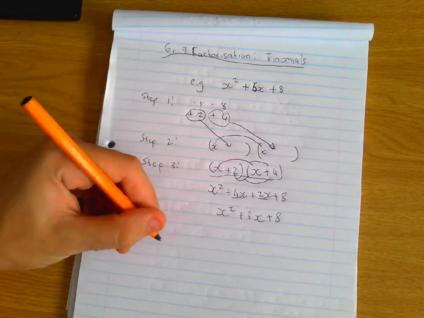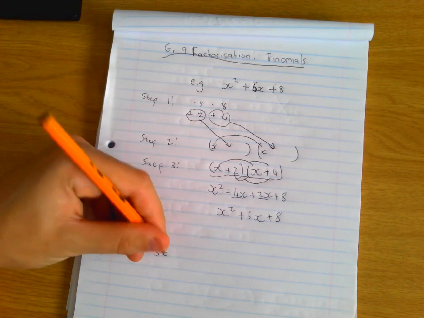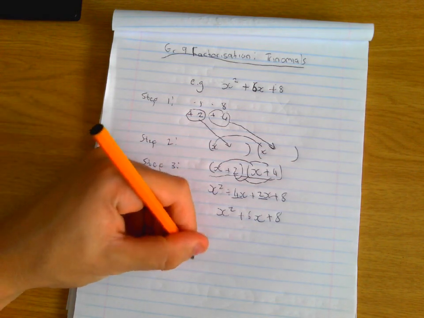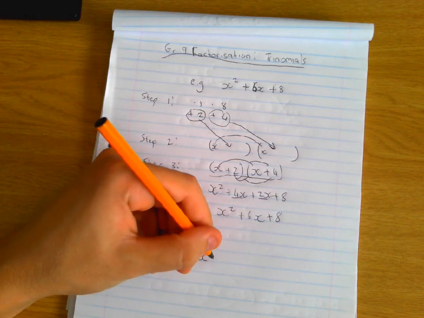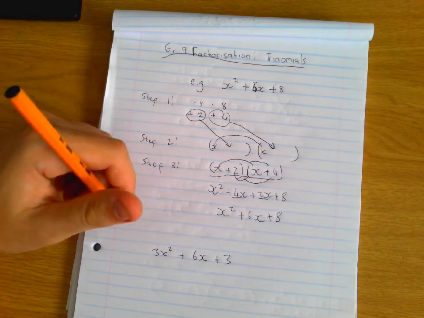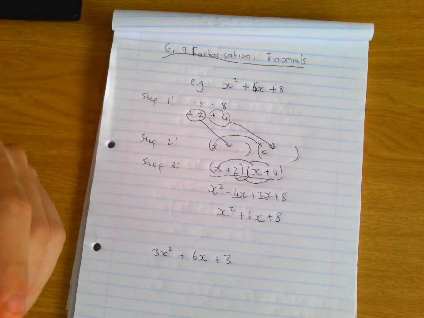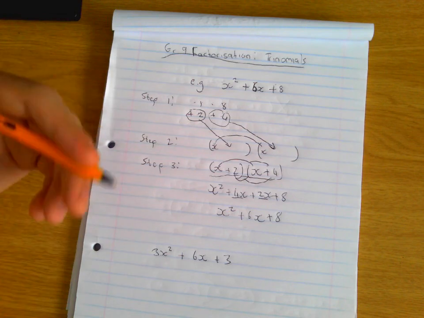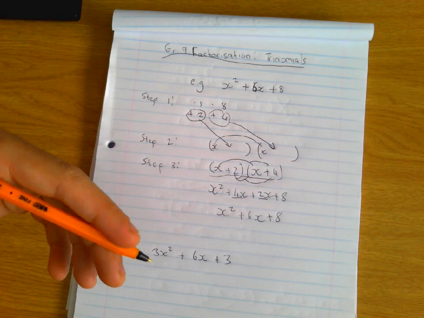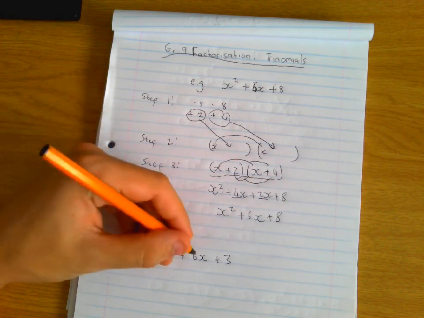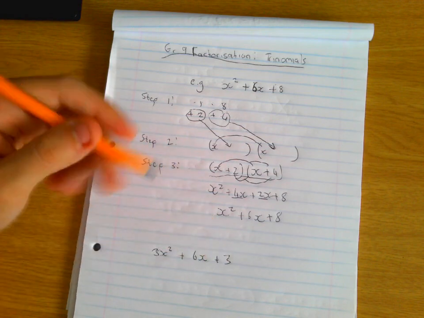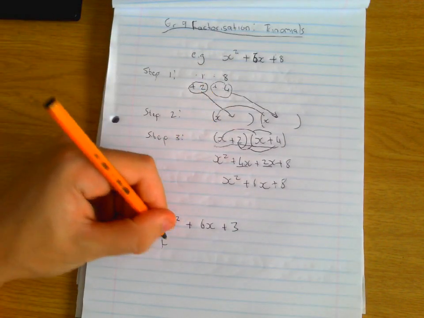In some cases you might land up with 3x squared plus, let's say, 6x plus 3, right? In this case, what you need to do first is take out the HCF. So whenever you factorize anything, the first thing you always look for is, can I take an HCF out? So the HCF here is 3, because 3 is the biggest thing that goes into all three of those terms. So I need my HCF, which is 3.